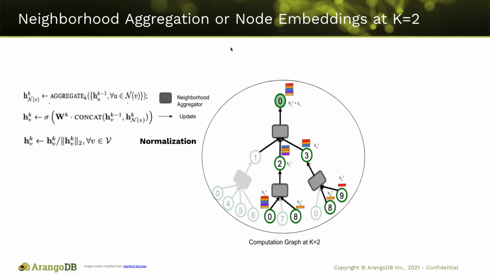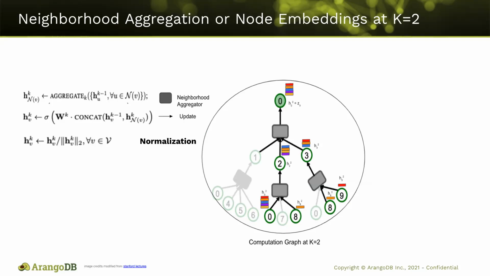And at k equals 2, the information gathering from the node's local neighborhood at k equals 1 is now completed. At k equals 2, nodes explore the further reaches of the graph, going beyond their immediate neighborhoods and looking into a hop distance of 2.